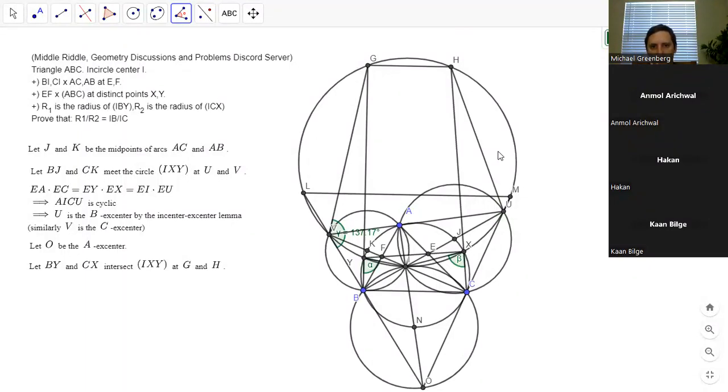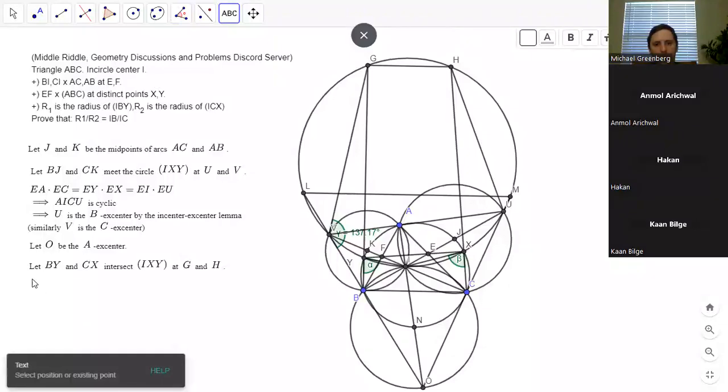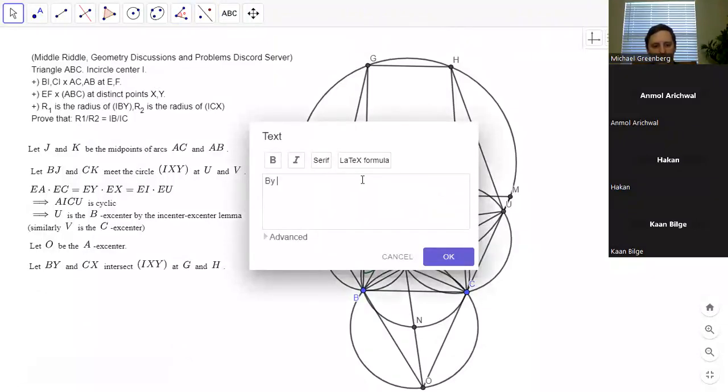Okay, so GH is parallel to BC. So is that obvious? So why is GH parallel to BC? That's just Reim's theorem on circles IYX and ABC. So by Reim's theorem, GH is parallel to BC.